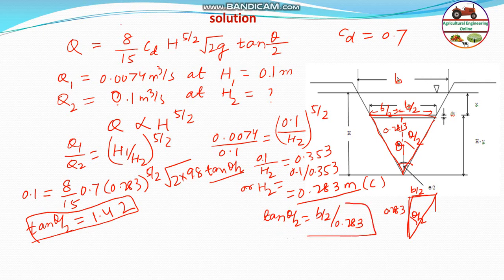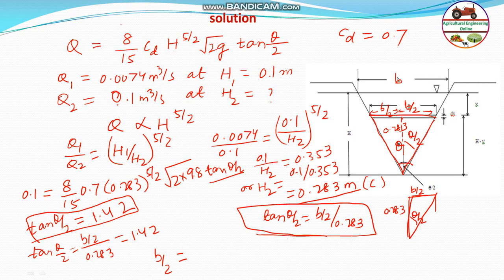Once you find out tan theta by 2, this can be equated here: tan theta by 2 is equal to b by 2 divided by 0.283, and tan theta by 2 is 1.42. So b by 2 will be equal to 1.42 into 0.283, and b will be equal to 1.42 into 0.283 into 2, that is 0.804 meter.